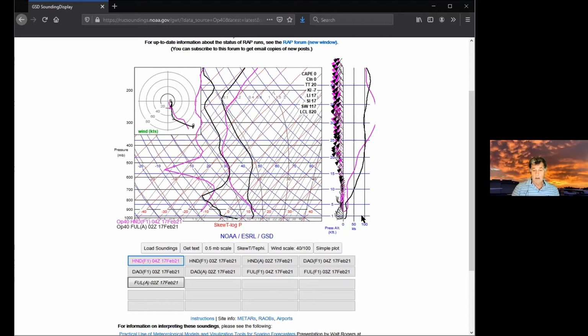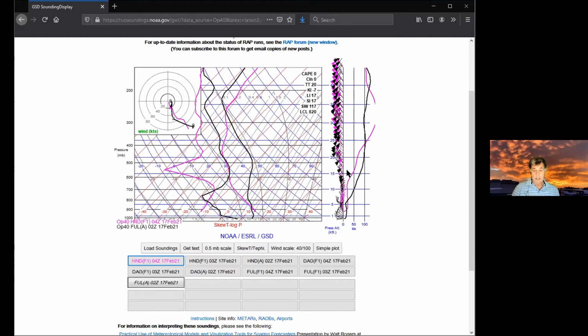The winds I can look at and I can go, well, if I'm at Fullerton at 20,000 feet, I've got 100 knot winds right now. So that's pretty strong. And you know, down to the surface, it's relatively calm here, right?